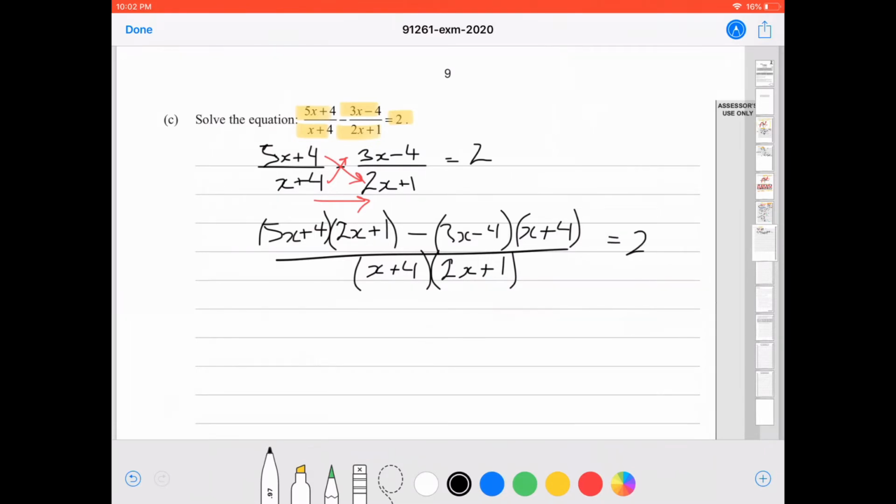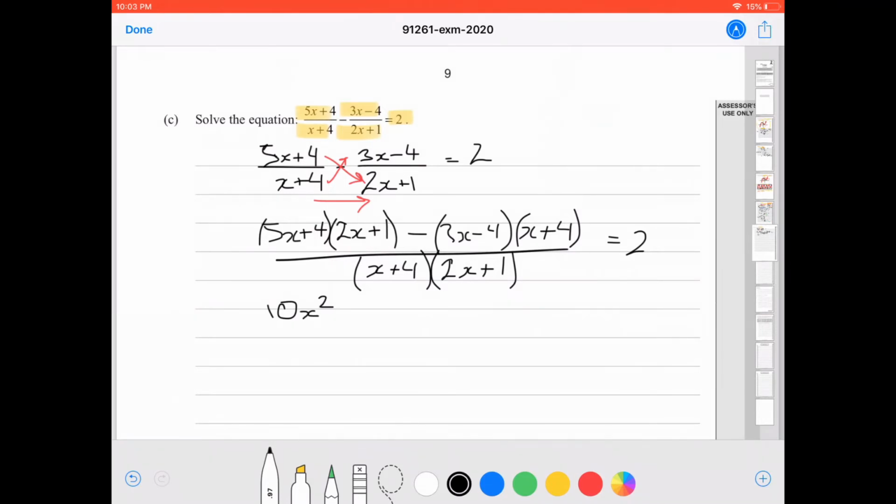Now we can tidy these brackets up, tidy up the whole left side, that is. We'll expand our brackets. When I talk about expanding, we're using the FOIL method: first, outer, inner, and last, multiplying. So we've got 5x times 2x is 10x squared.